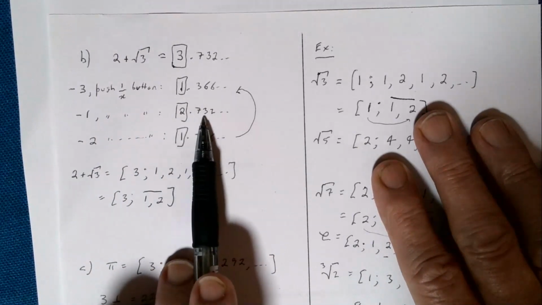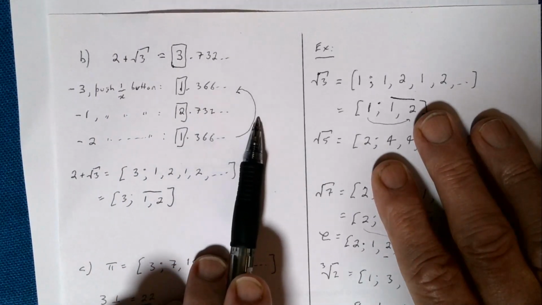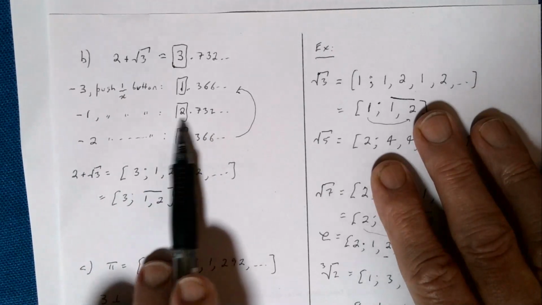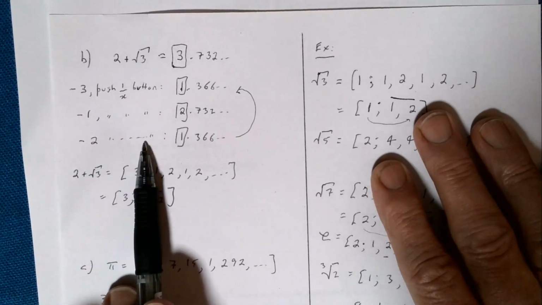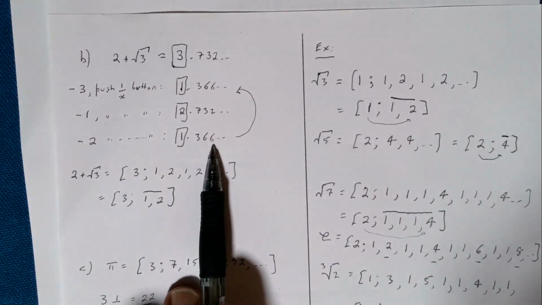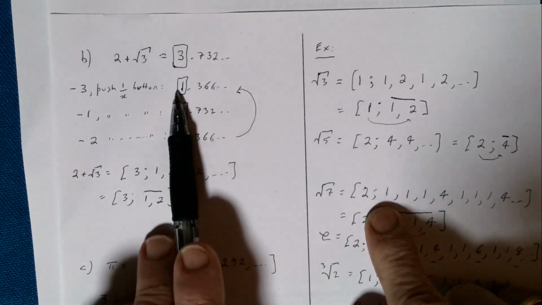You should see 2.732... Copy down the 2. On your calculator, take this number, subtract 2, push the 1 over button, you'll get 1.3666. And look, hang on, that's the same as what we got up here.